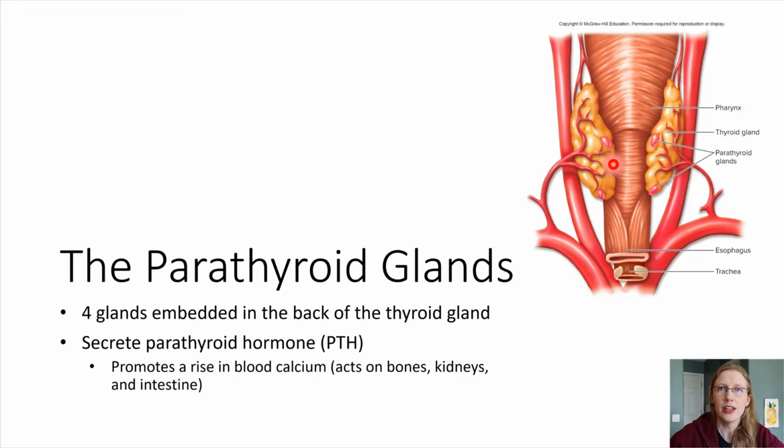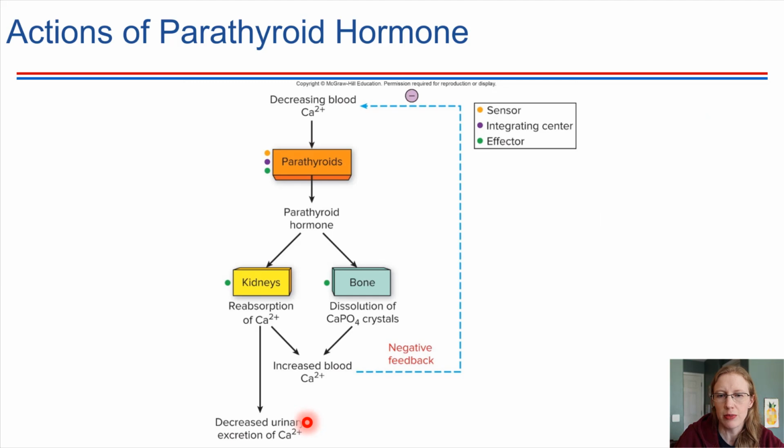What they do is produce parathyroid hormone. This is a hormone that is very important for maintaining blood calcium levels. This promotes a rise in blood calcium levels if calcium is getting too low. The parathyroid hormone goes into circulation and causes the kidneys to reabsorb calcium, so we are not going to be losing calcium in the urine.